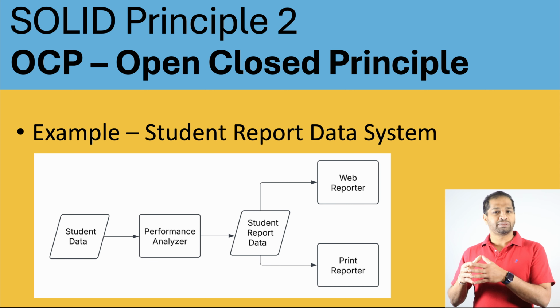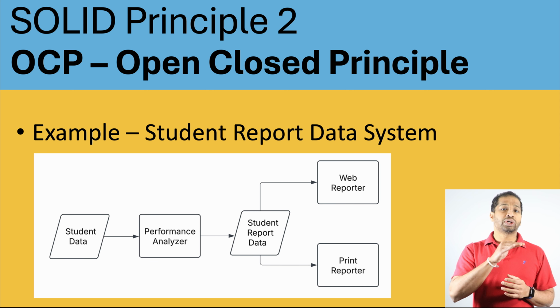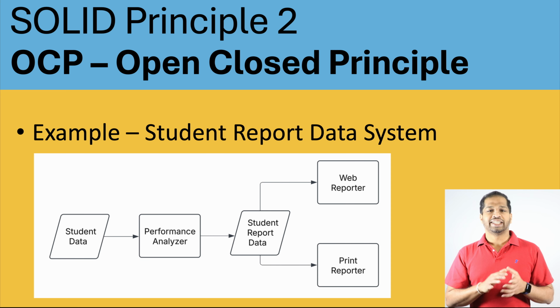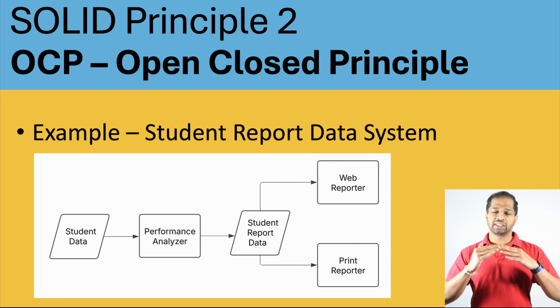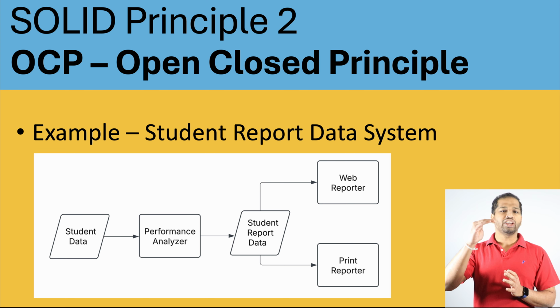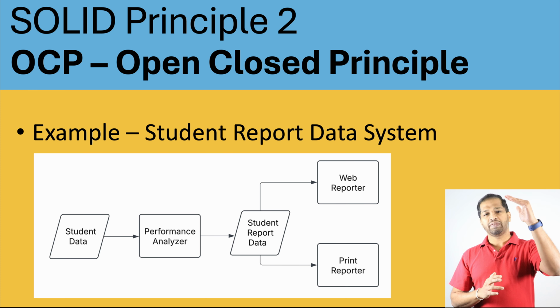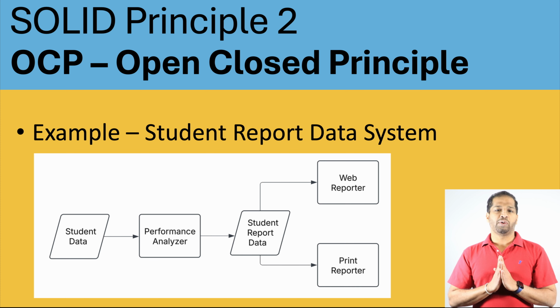Next, we partition these processes into classes and separate those classes into components. This allows us to organize the dependencies between these components in a very specific way. We want to create a hierarchy of components with the higher level components protected from changes in the lower level components.